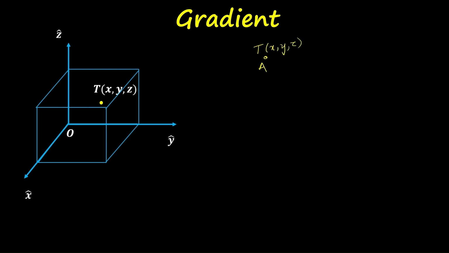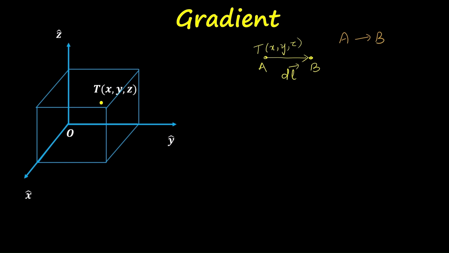Suppose we make a small increment. By the way, the increment is assumed to be very small. Let's say dl is the small increment, and we are at the new point, B. Now, the question is, when we go from A to B, what is the change in temperature?